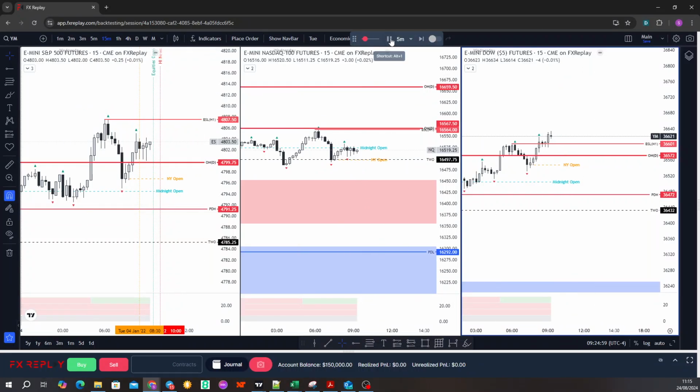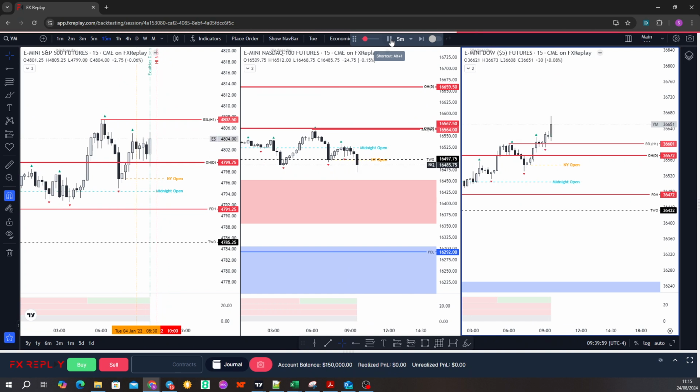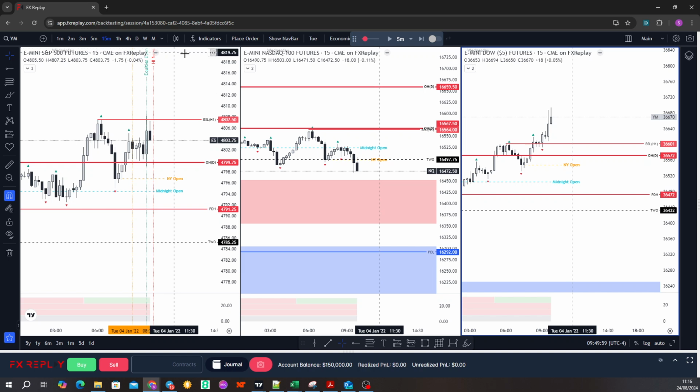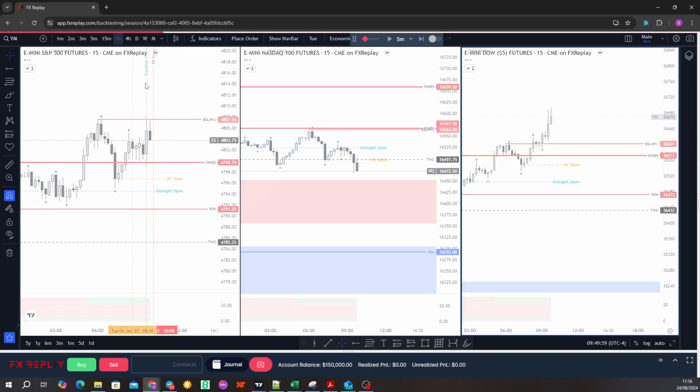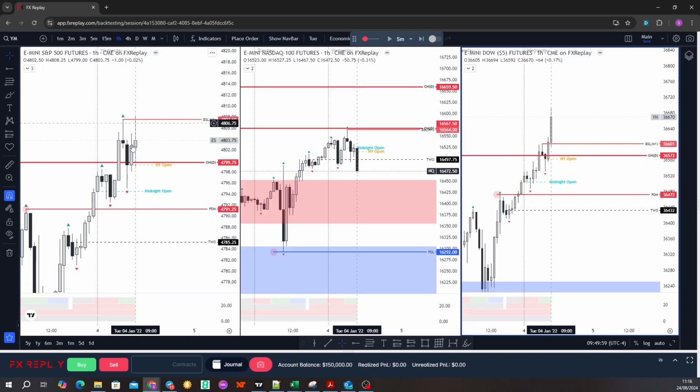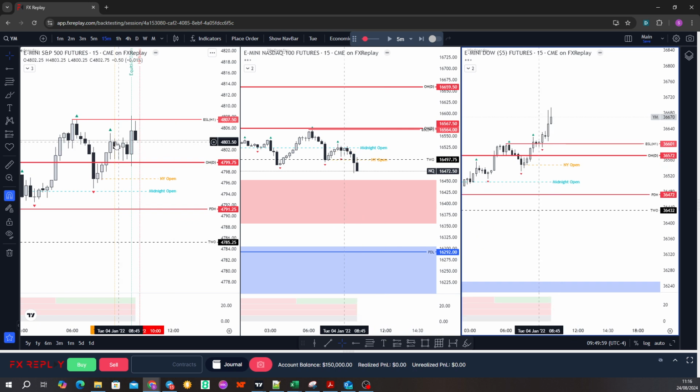Equities open. So interesting that equities open. We're looking at the hourly. It's above a large wick. Don't like large wicks. Like that.